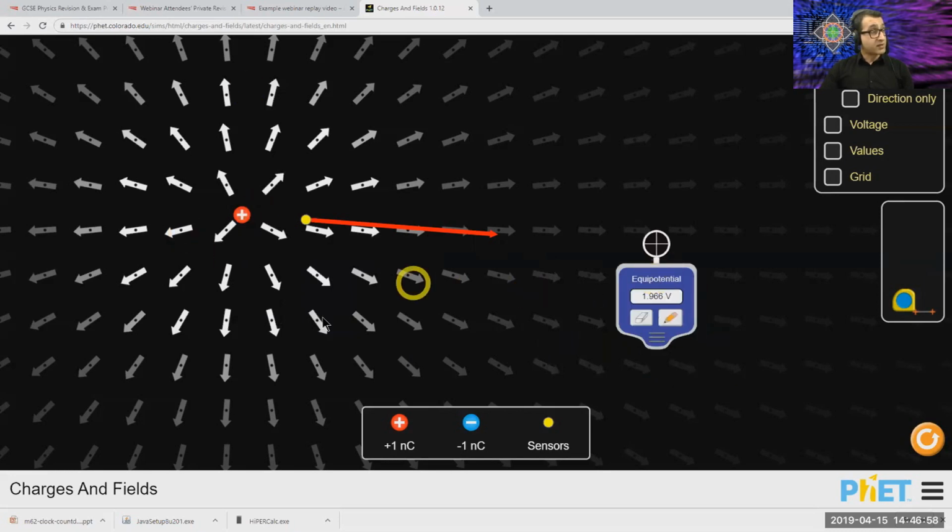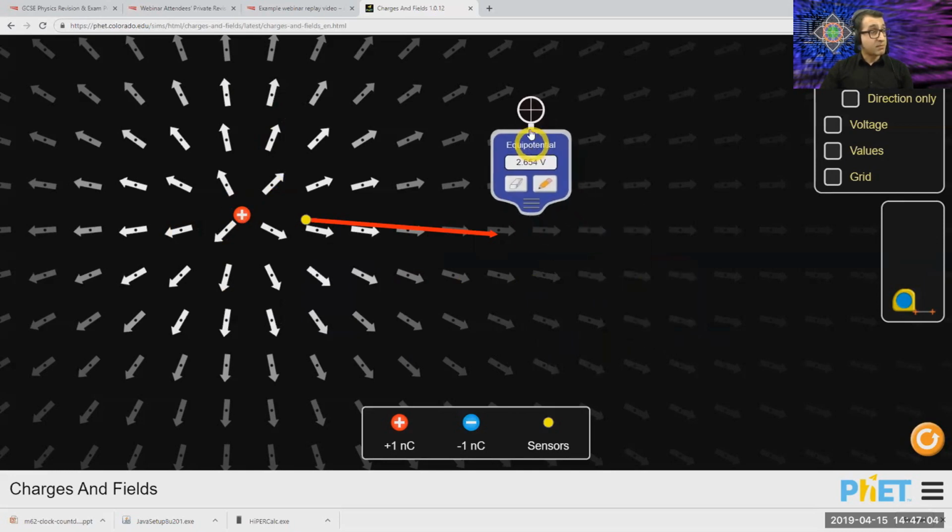Now, the other consequence of this idea of fields is that if this is the object causing the field, then if I place this sensor and measure the voltage, the work done per unit of charge at a particular position, then if I placed this sensor at the same distance but at a different position away from this object, so equidistant in a circle around this object, we would find a line which represents all the positions where the force acting on a positively charged object would be the same.